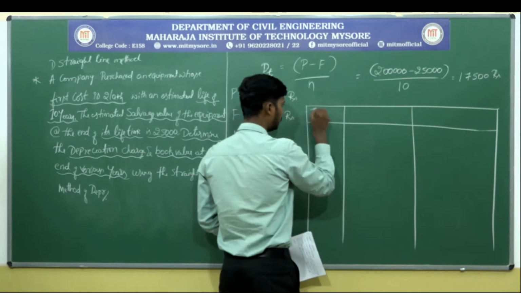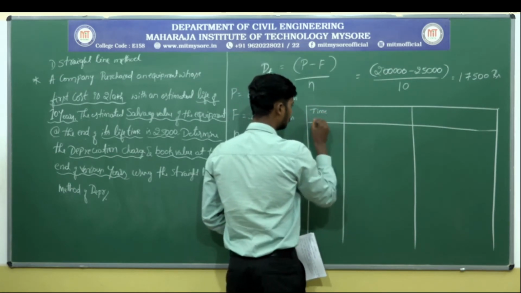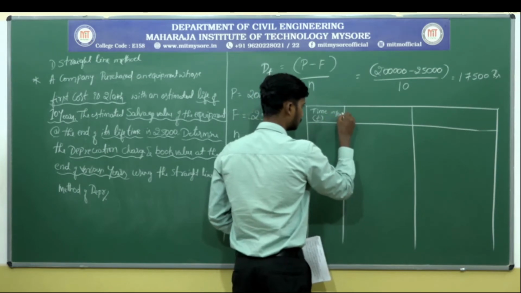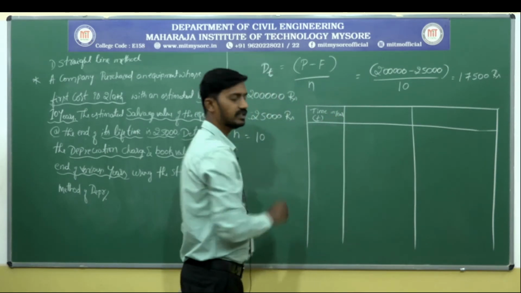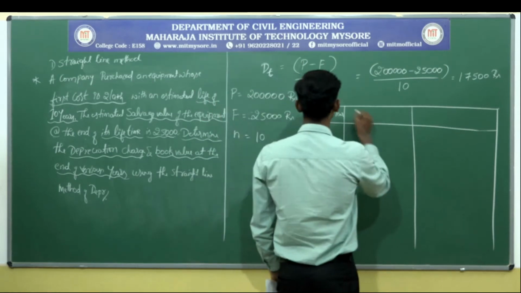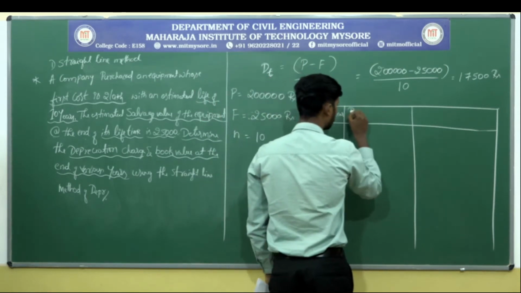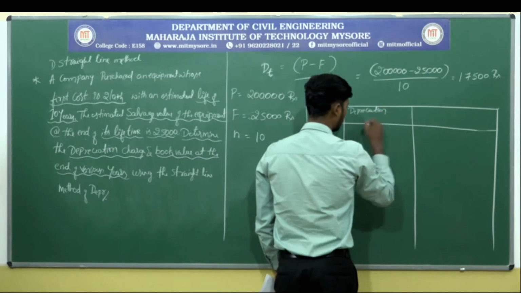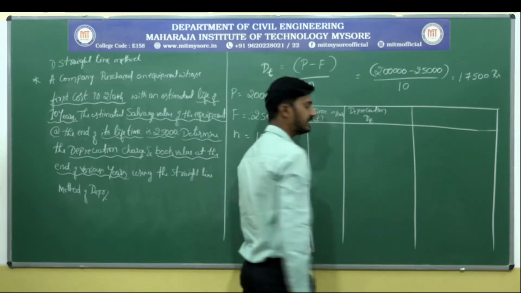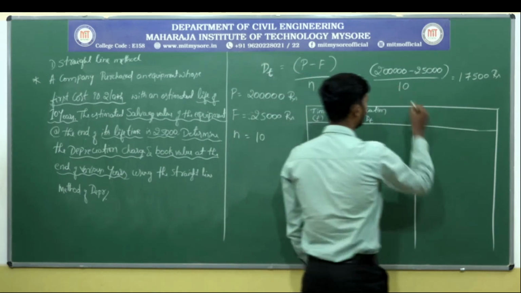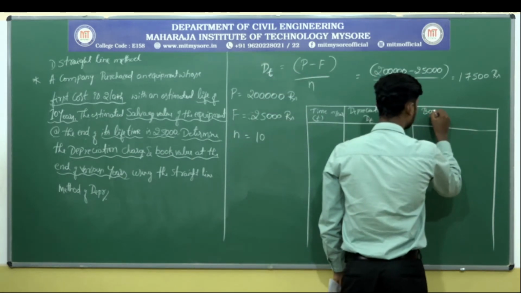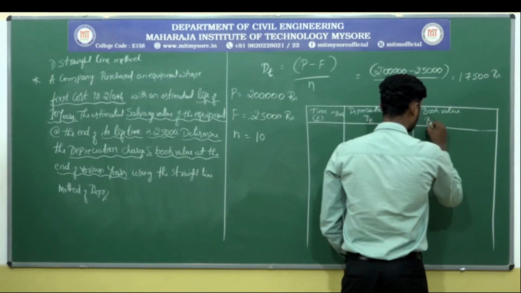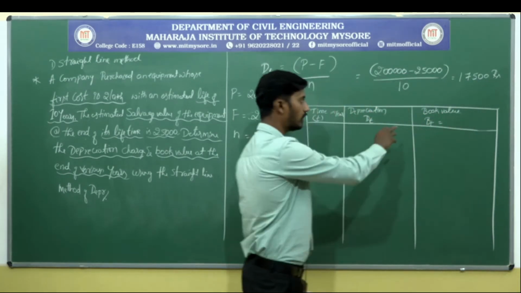First will be time, t in years, and next will be depreciation, dt, and next book value, bt.